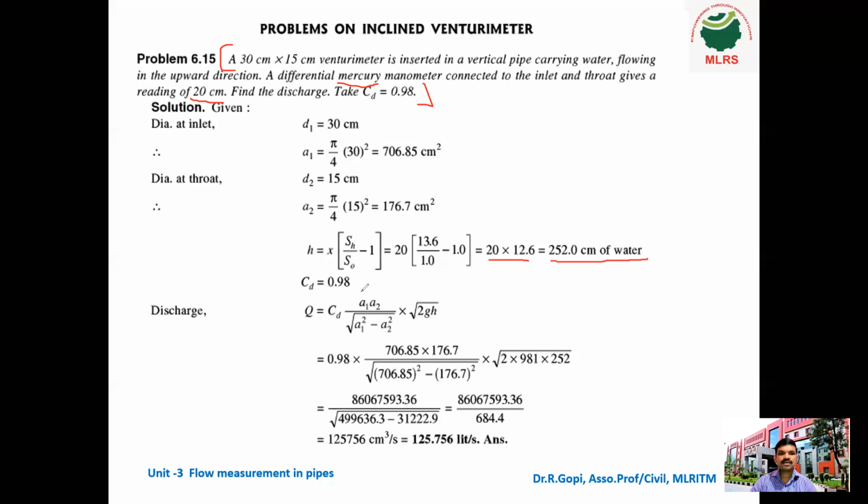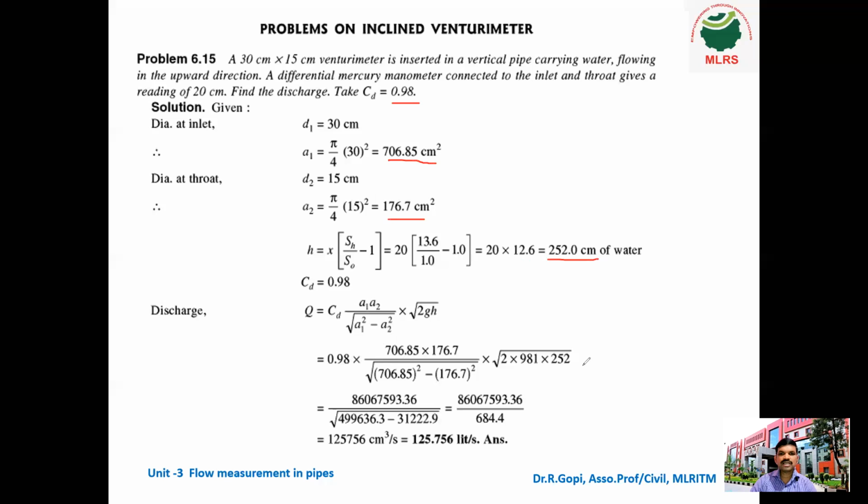CD is 0.98. We know the actual discharge formula: CD into the theoretical discharge, where CD is the coefficient of discharge and this portion is the theoretical discharge. So Q is equal to CD into A1 A2 divided by root of (A1 squared minus A2 squared) into root 2 g H. CD is 0.98, given in the question, and A1, A2 and H are here.